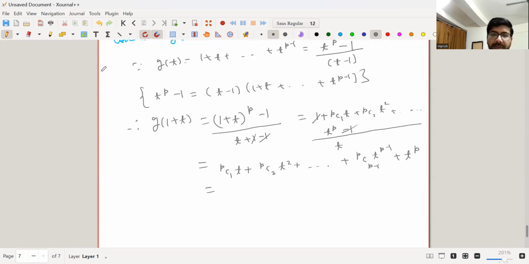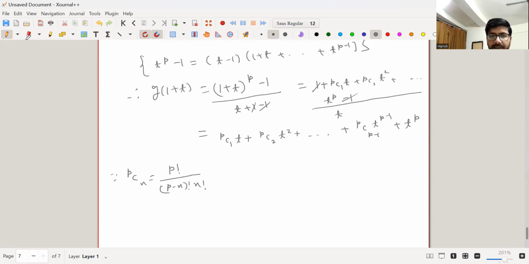Now this becomes a polynomial. And what is pCn? pCn is nothing but p factorial divided by (p minus n) factorial times n factorial. So you can check that p divides pC1, pC2, and so on up to pC(p-1).